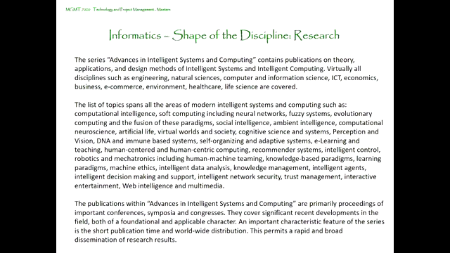The topic spans all areas of modern computing, such as computational intelligence, soft computing, neural networks, fuzzy systems, evolutionary computing, social intelligence, ambient intelligence, computational neuroscience, artificial life, virtual worlds, cognitive science and systems, perception and vision, DNA and immune database systems, self-organising and adaptive systems, e-learning, teaching, human-centred, and so on and so on. Many, many different sub-areas of research in the informatics world. So it's big and it's complicated.